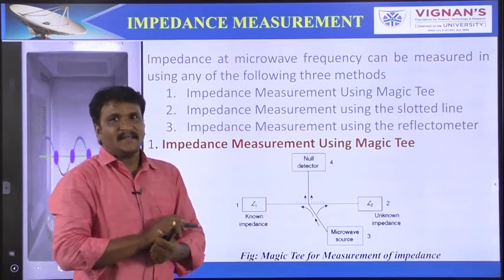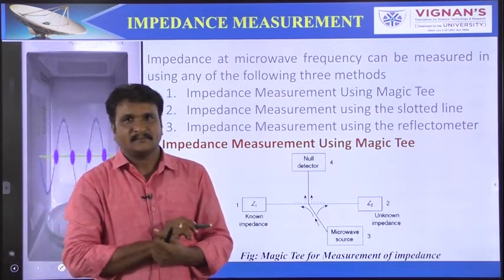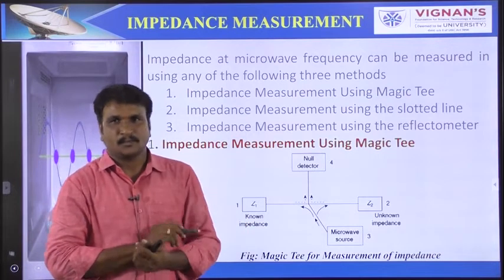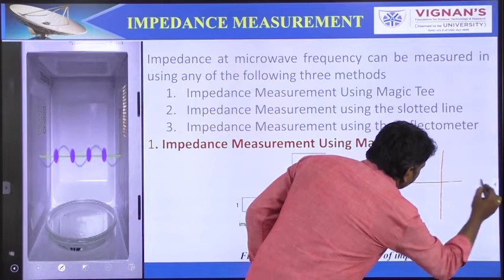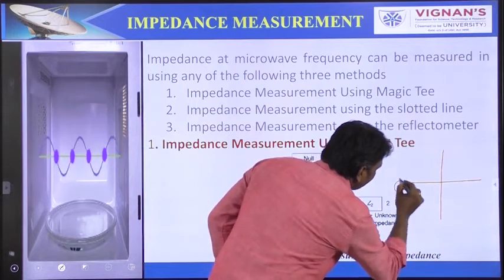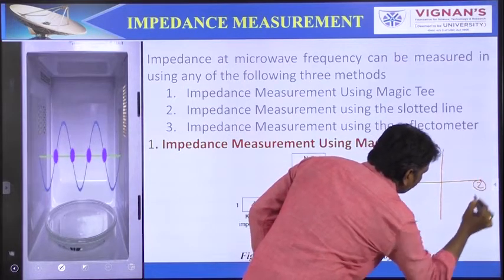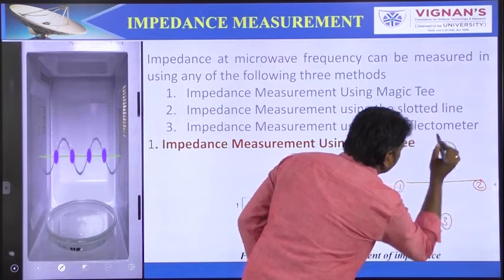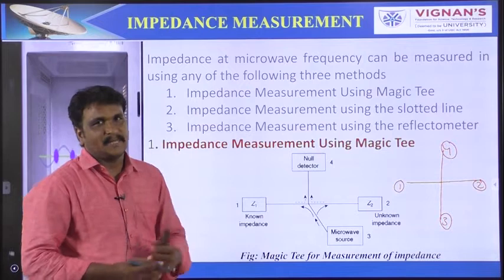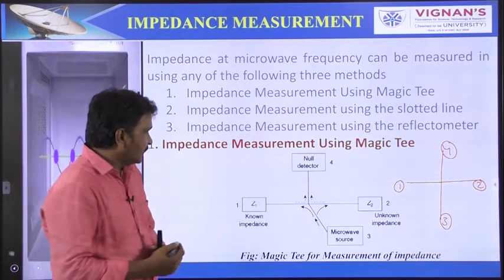Your magic T is a 4-port device, right? That has 4 ports like this. This is port 1, port 2, port 3 and port 4. This is your magic T junction.